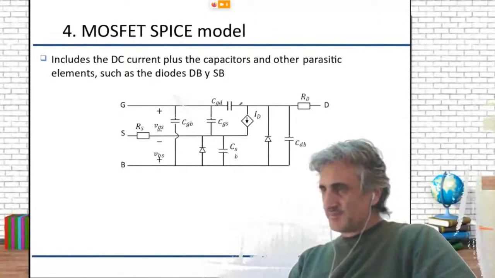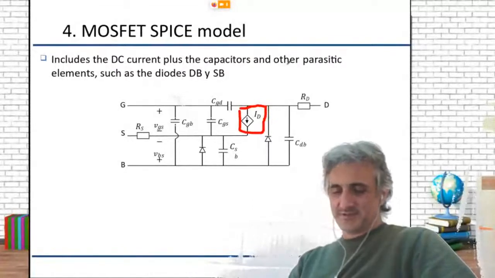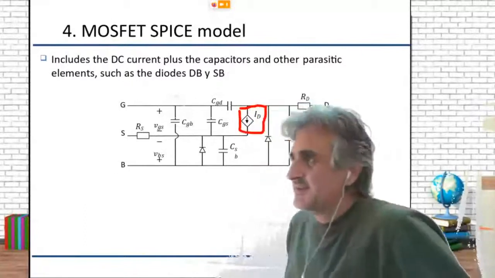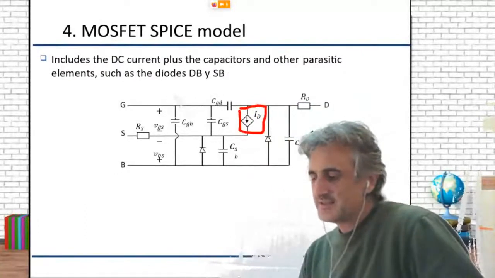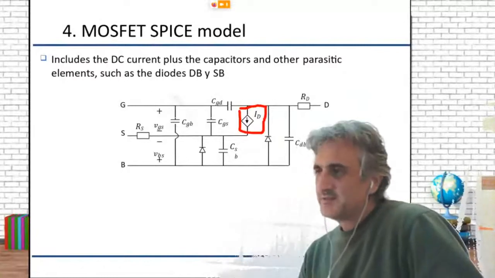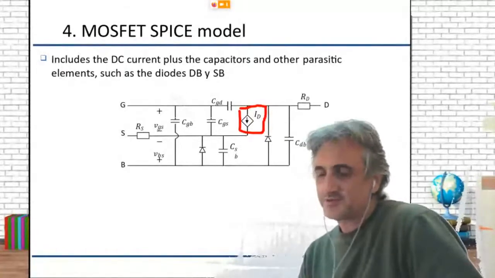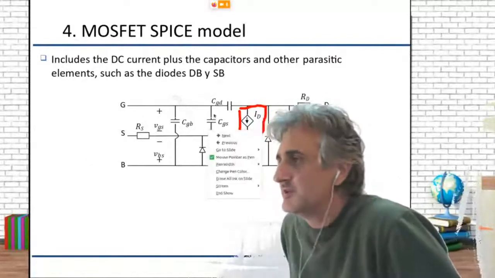And here we have the gate capacitance, and the most important thing, what we have always used, is the ID, which is the current. Everything else is just a mixture between intrinsic and extrinsic parasitic devices that are there by construction. So the MOS device is quite a complex thing to simulate.